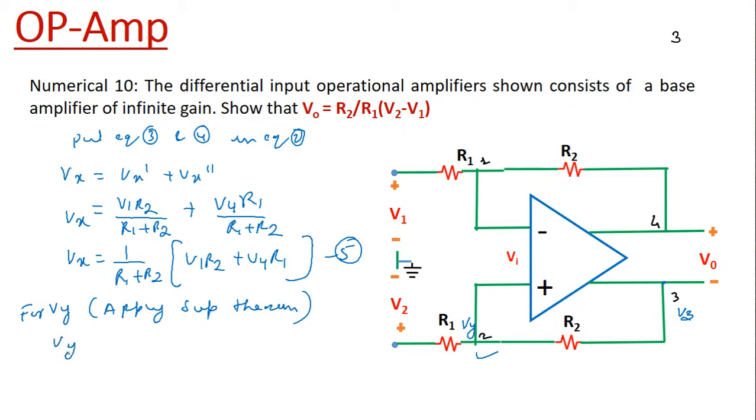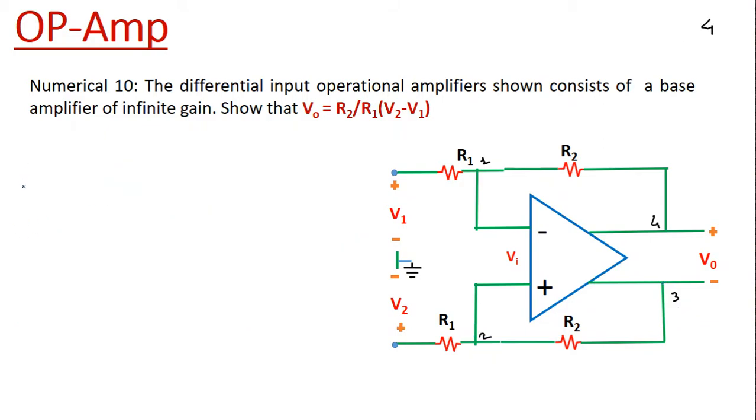So Vy will be equal to Vy dash plus Vy double dash. Vy dash is due to V2 and Vy double dash is due to V3 when we find out Vy. So this is our equation number 6.